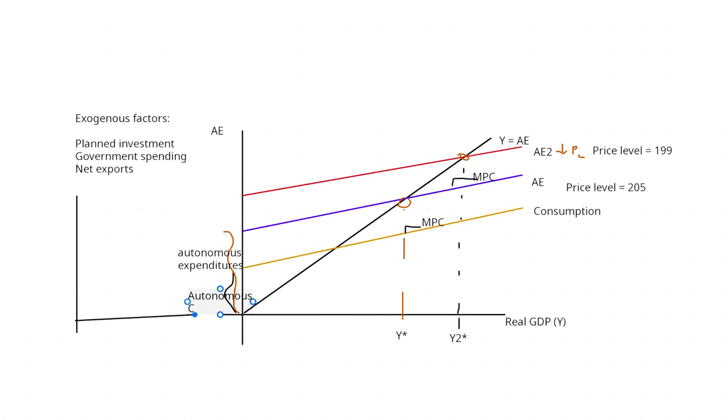So if we plot GDP here, we plot price level here, we can basically create a point here that corresponds with Y1 and a point here that corresponds with Y2.